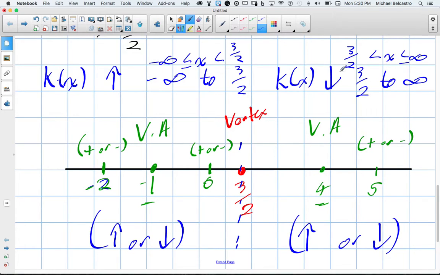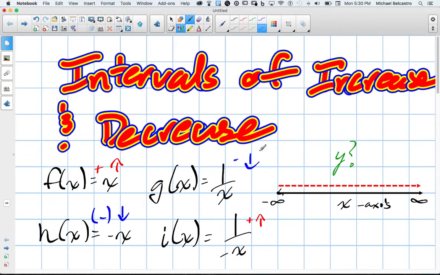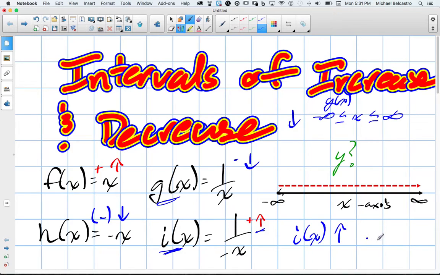But for our linear functions, so that was for the quadratic, for the linear function, the reciprocal here we said was decreasing, so it is decreasing from negative infinity to positive infinity. And for the second one, our g at x function, its reciprocal, l at x, we said is increasing from negative infinity to positive infinity.